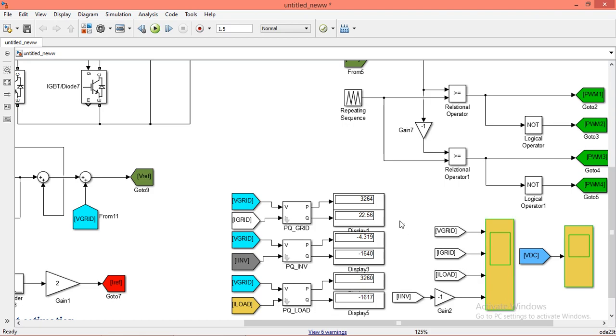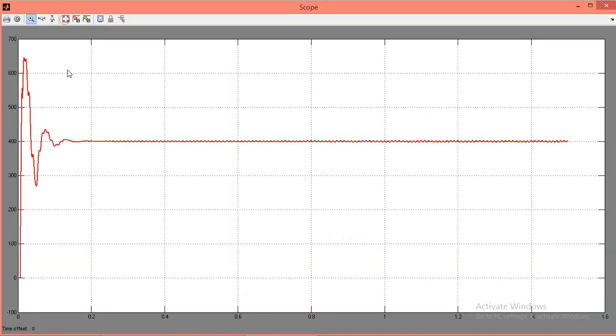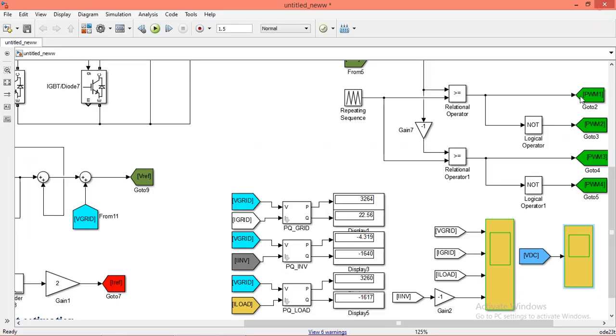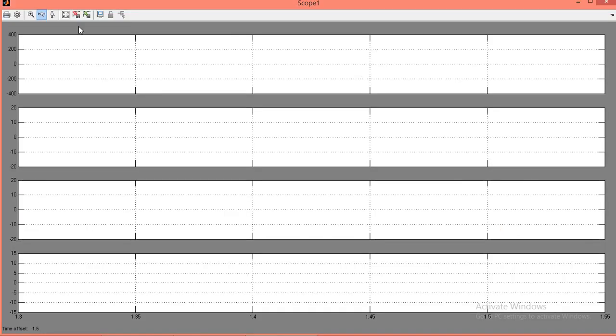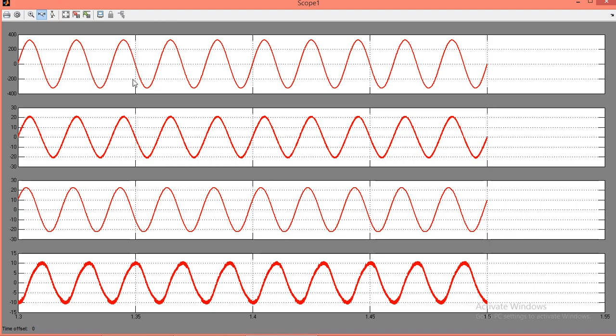Here you can clearly see that the total reactive power consumed by the load is 1617, which is supplied by the inverter, and the reactive power from the grid is nearly zero. We'll look at the DC voltage once again, it is again at 400 volt. In V grid and I grid, see, both are in phase. These are the load current and inverter current.